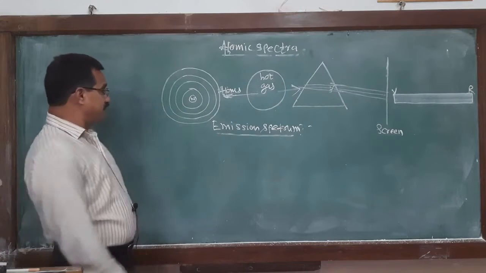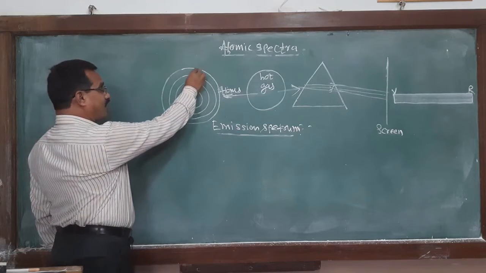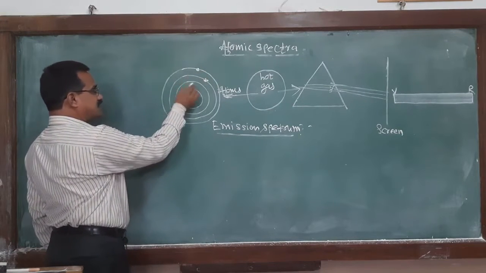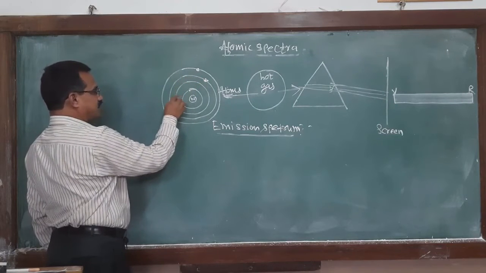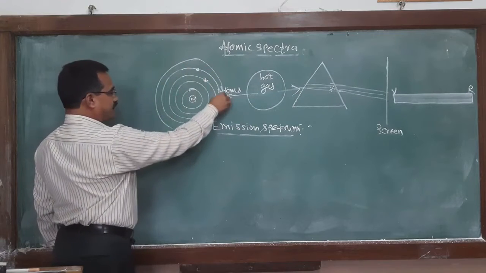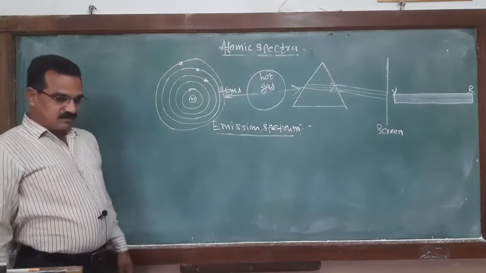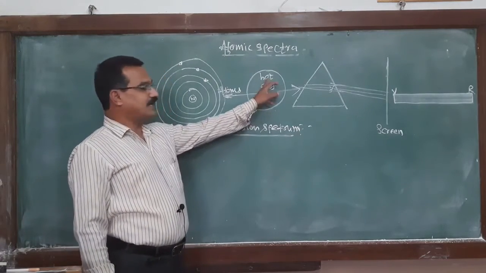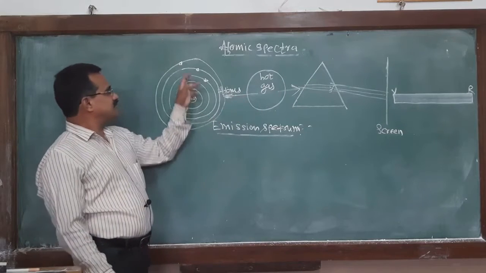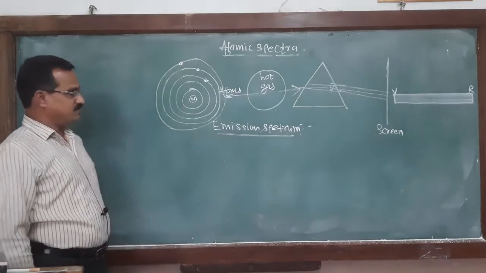At that time, what will happen? The electrons in ground state go to excited state. Suppose these are the electrons in different states; this is one more orbit, and within this orbit, suppose this is the electron. In a hot gas atom, the electrons are in excited state.